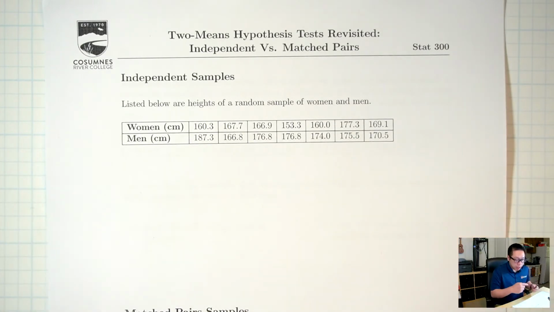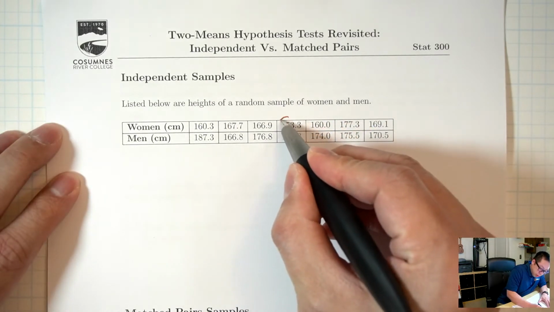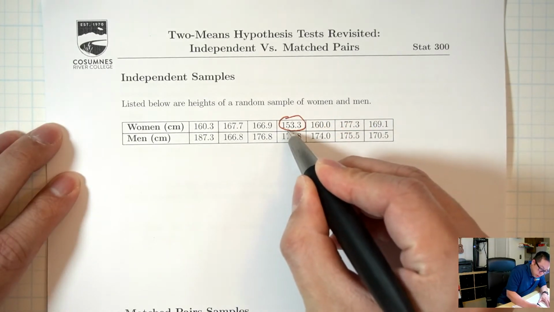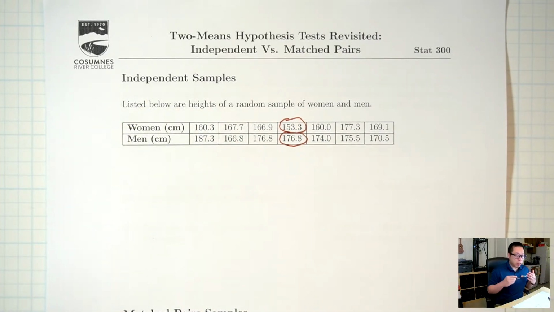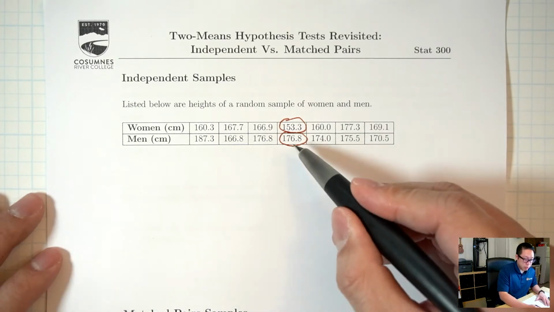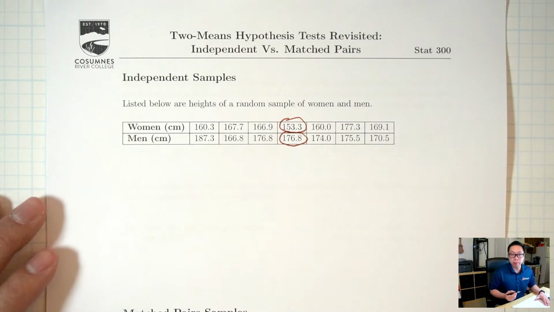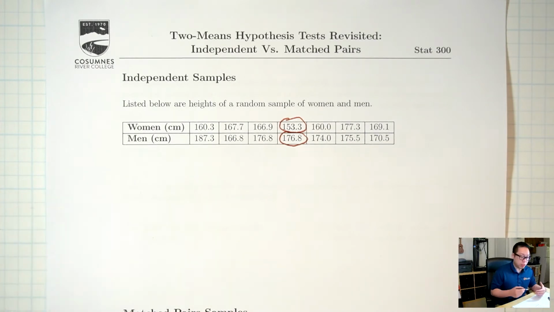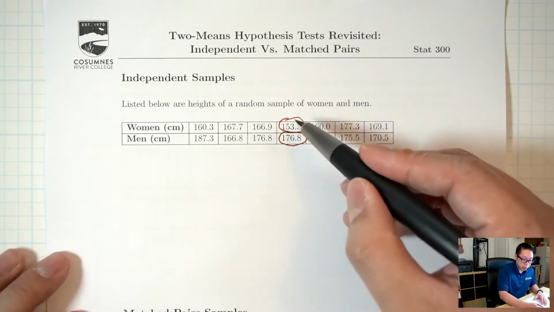So let's take a look at two of these numbers, 153.3 and this 176.8. And the question we need to ask ourselves is, based on the description here, is there any reason why this 176.8 needs to go with this 153.3? In other words, is there any reason why this man needs to go with this woman?